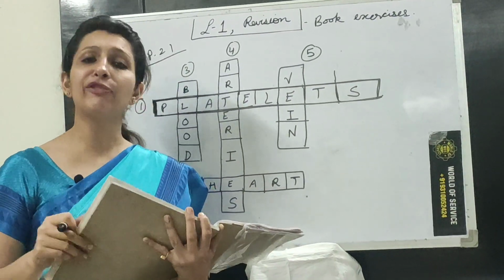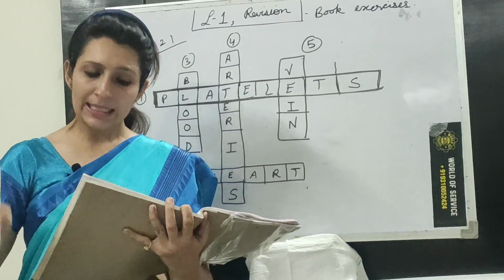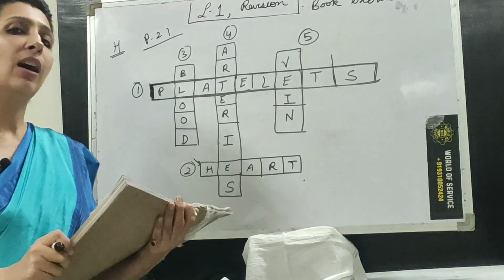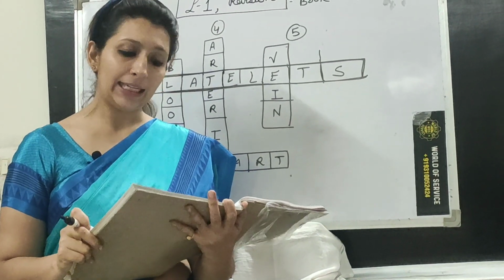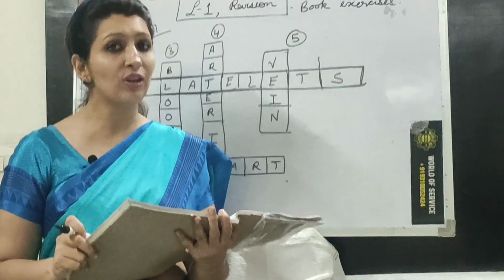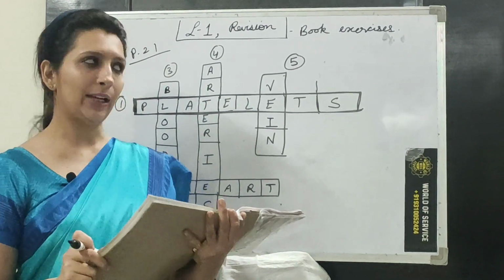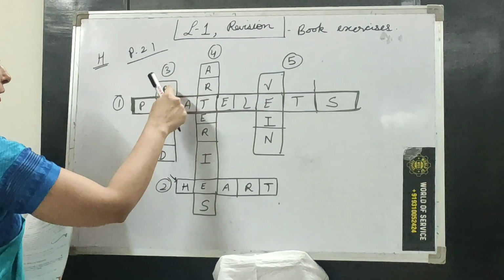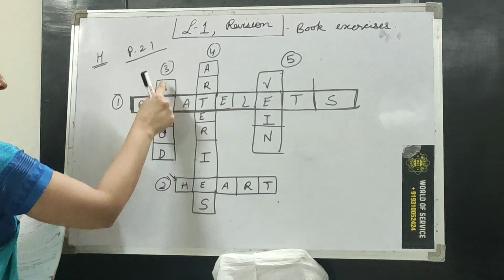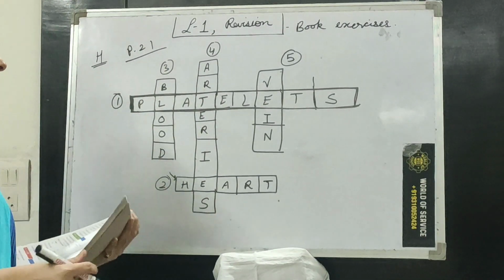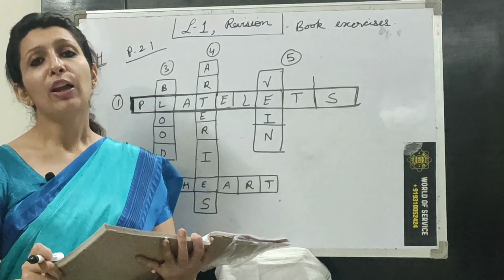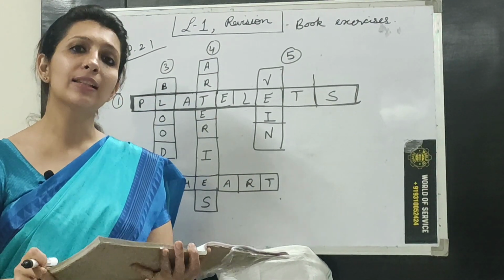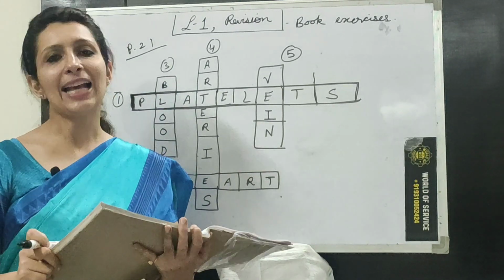Let's move on to the third part. Now third, fourth, fifth are the down. That is the standing line, or you can say they are vertical. Red colored fluid inside blood vessel. So what is it, children? Yes, it is blood. So write down the third one, B-L-O-O-D, blood. Now the fourth one is blood vessels which carry blood from the heart. Yes, it is arteries.